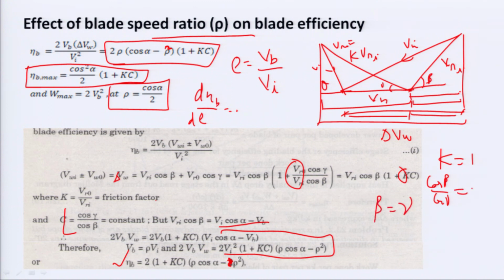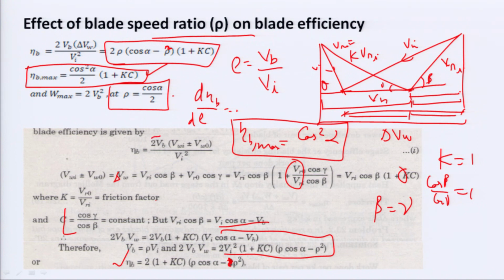Then this is also going to be equal to 1, and when we put the values of k and c here, the maximum blade efficiency comes as cos square alpha. And at that point, rho is equal to cos alpha. What is the work done? The burden we will put here in this equation, V_b V_w, when we put it here, it is going to be twice V_b square.